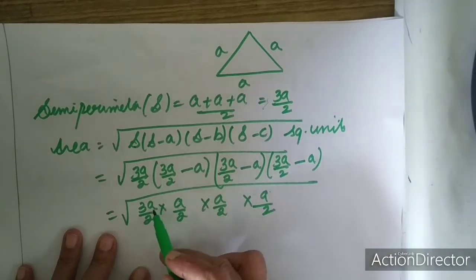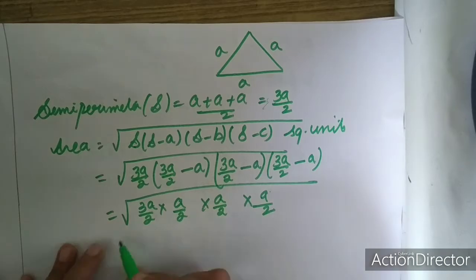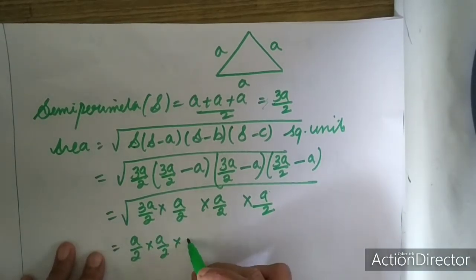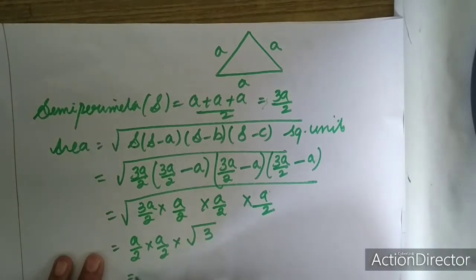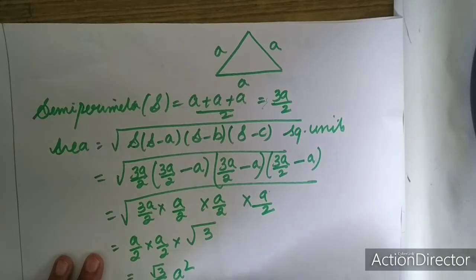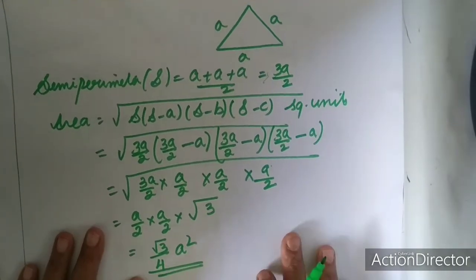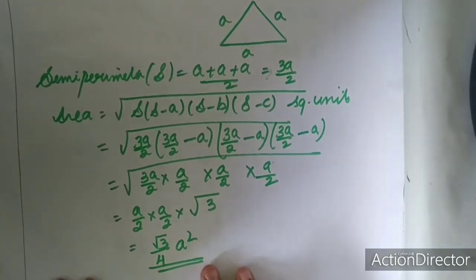Now you can observe that you have four times A upon 2, so two times I can take it out. What is left inside the root? It is root 3. So my formula will be root 3 by 4 A square. So the area of an equilateral triangle is root 3 by 4 A square.